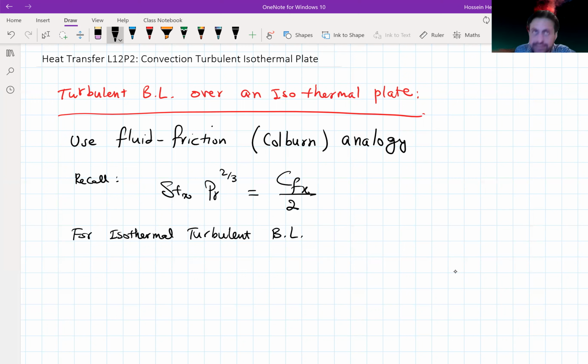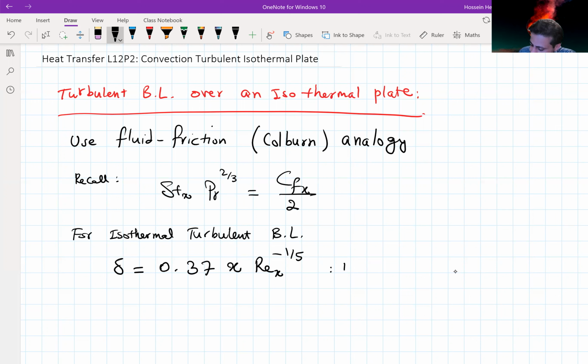So for an isothermal turbulent boundary layer, the thickness of the turbulent boundary layer can be estimated by 0.37x times local Reynolds number to the power of -1/5.